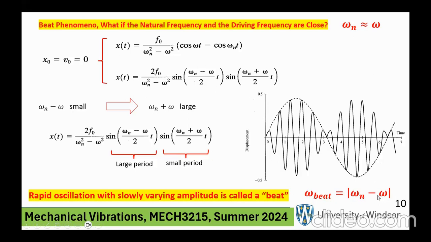That's the definition of omega beat. Please don't divide this thing by 2 and say that's omega beat. That is not. Omega beat in our textbook and in the majority of places in the literature is defined as the absolute value of the difference between these two frequencies.